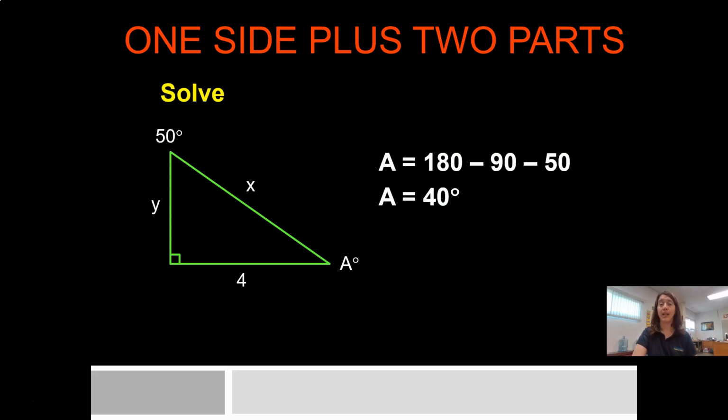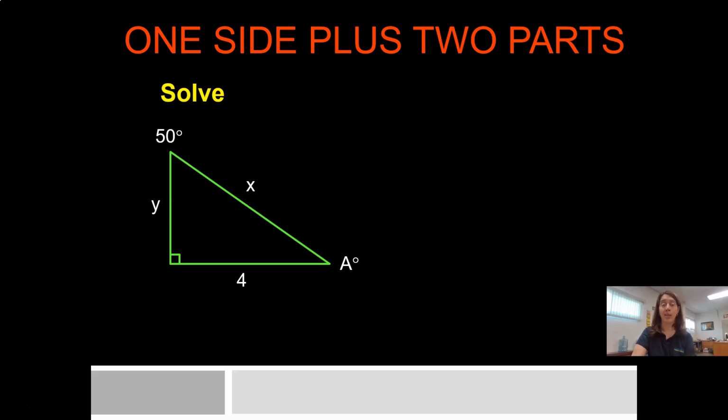All I have is one side here in the picture. So to help me find side X, I'm going to have to use our trig ratios of either sine, cosine, or tangent. Now, this is going way back to our main definitions of sine, cosine, and tangent, that sine was opposite over hypotenuse, cosine was adjacent over hypotenuse, and tangent was opposite over adjacent.